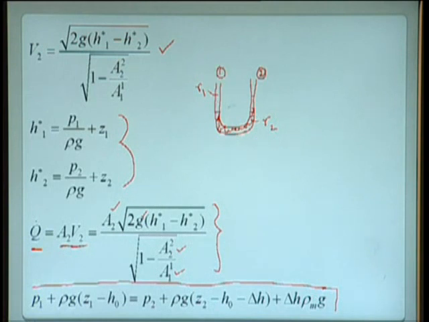Now, with the help of this U-tube manometer, can we find out the pressure difference between point 1 and 2? So, what we do, we make a horizontal line here and find out the pressure at this point. What is the pressure at this point?